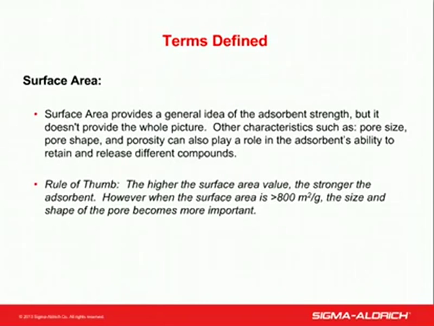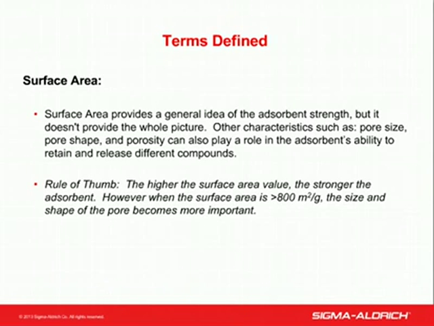So we'll define some terms. Surface area provides a general idea of the adsorbent strength, but it doesn't provide the whole picture. Other characteristics such as pore size, pore shape, and porosity can also play a role in the adsorbent's ability to retain and release different compounds. One rule of thumb is the higher the surface area value, the stronger the adsorbent. However, when the surface area is greater than 800 meters squared per gram, the size and shape of the pore becomes more important.